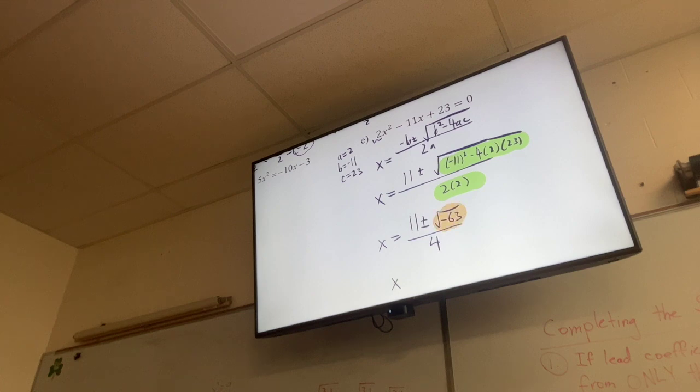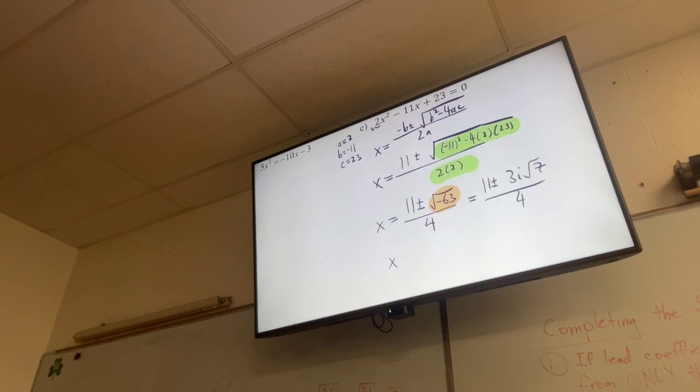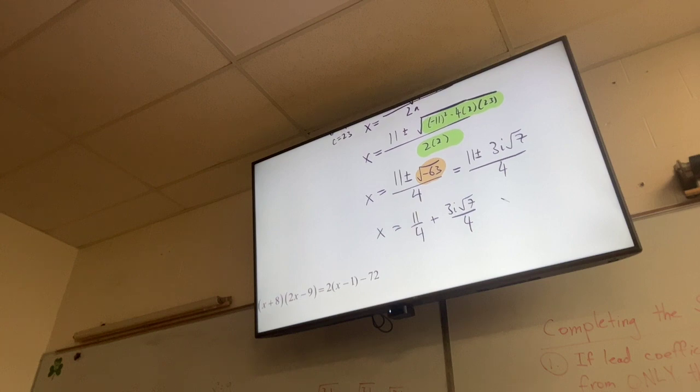It's going to be 11 plus or minus, what does that simplify to? 3i root 7. So one answer is going to be 11 fourths plus 3i root 7 over 4. The other one is going to be 11 fourths minus 3i root 7 over 4.